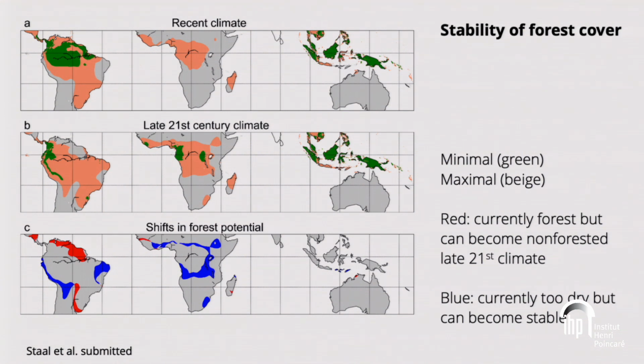If we have potential shifts due to the future climates, what we can see is that a part of the Amazon is getting too dry to still have forest, but the blue part is getting more forest due to the change in precipitation, if we incorporate this moisture recycling.